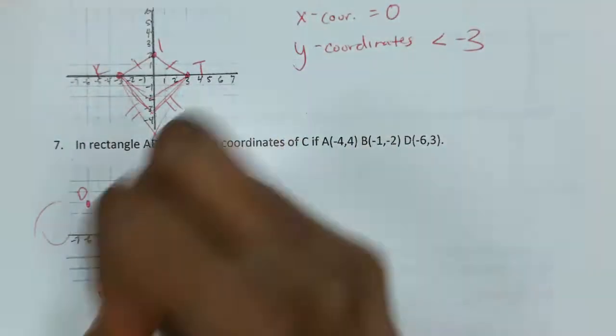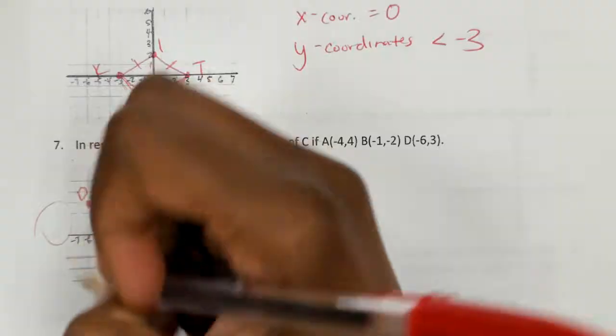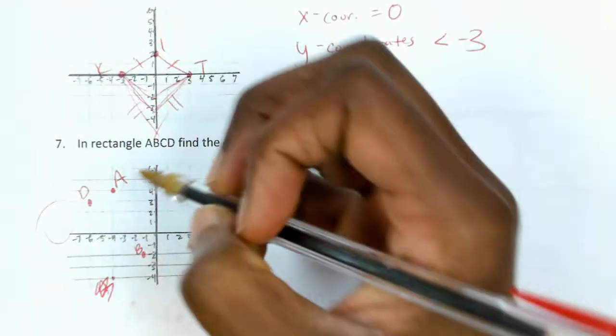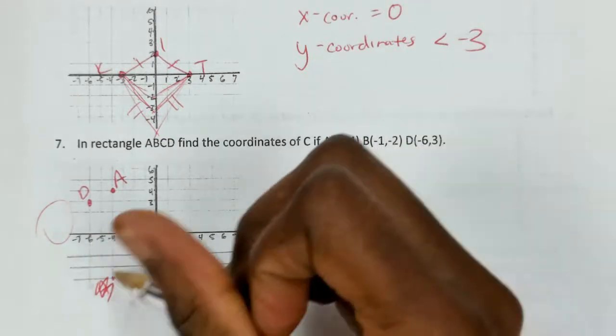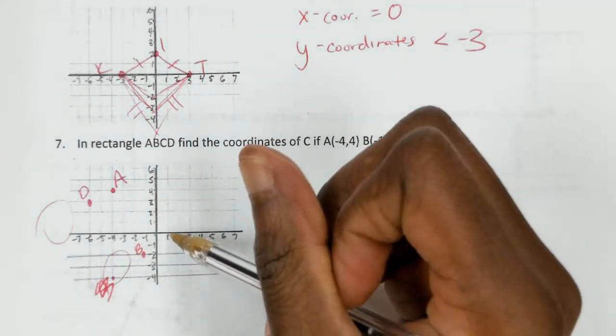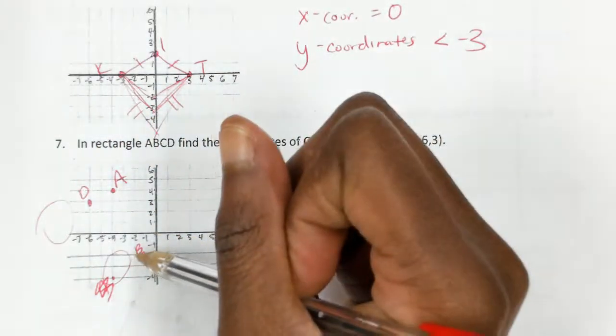Sorry, -4, +4. So it's hard to know where C is, because C could be over here. Technically not over here because it's a rectangle, and that would make it a weird angle. So it's got to be over here, actually.